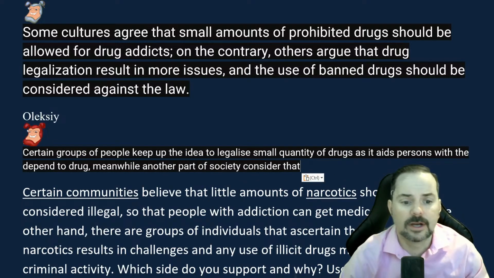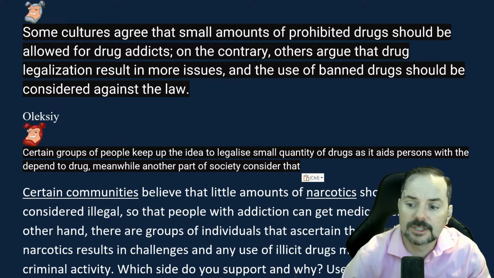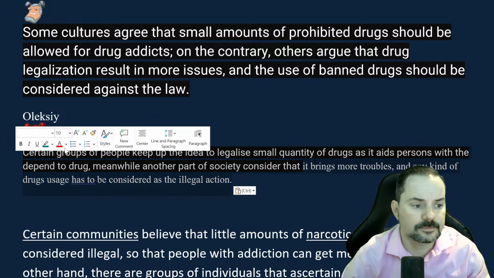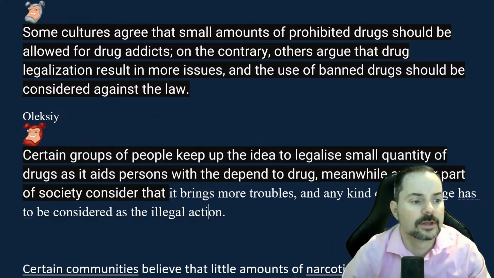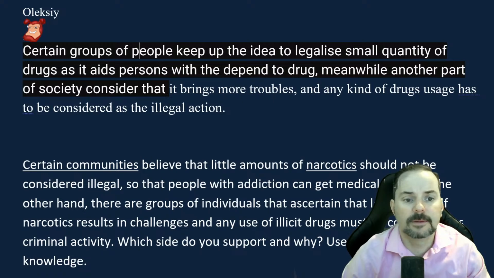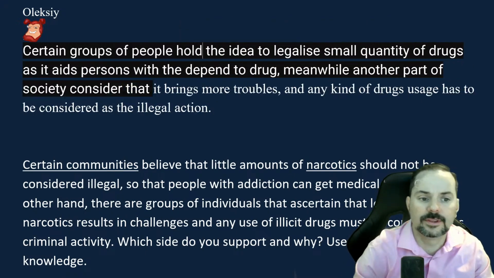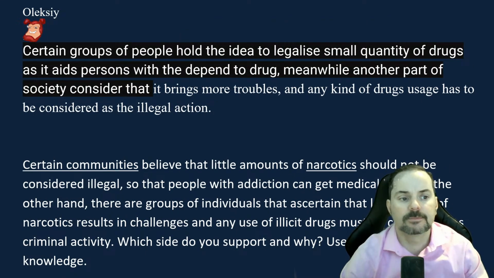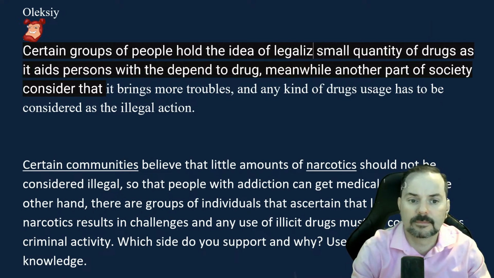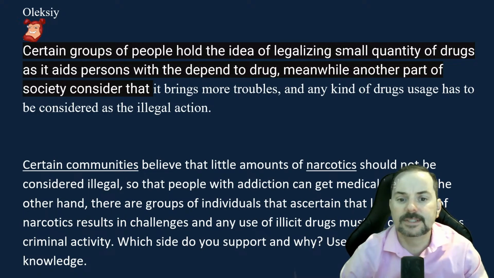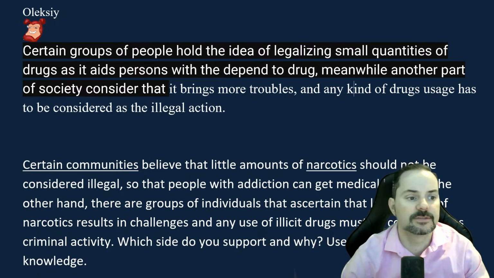Okay. All right. Alexi has this response for us. Let's take a look. Alexi writes, certain groups of people keep up the idea. Instead of keep up the idea, Alexi, it's better to say hold the idea, in my opinion. So certain groups of people hold the idea of legalizing small quantities. You can actually pluralize that, quantities of drugs, as it aids persons with drug dependencies.